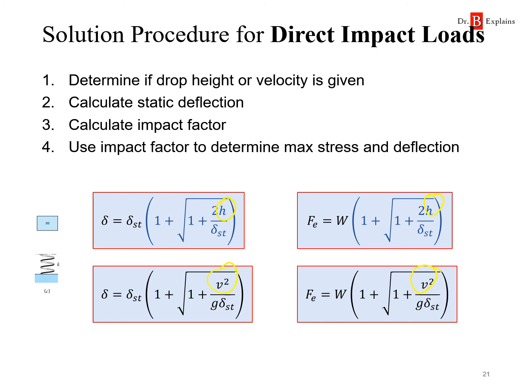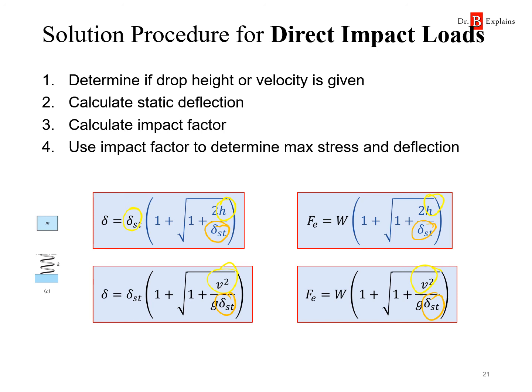Next, we want to calculate the static deflection, delta st, because that value is used to calculate the impact factor. So regardless of which equations we're going to use, we need to determine the static deflection. Remember, that is if whatever is striking our object, we place it slowly and give enough time, and we just calculate how much the structure gives.